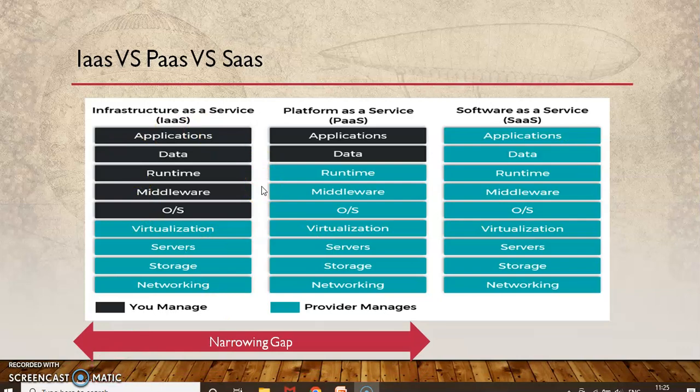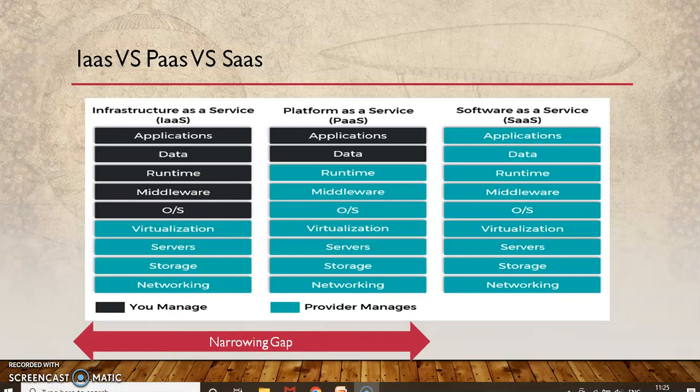So if you look at it, about 4 or 5 years back, this was quite distinct: infrastructure as a service, platform as a service, software as a service. But this gap is narrowing down between infrastructure as a service and platform as a service.